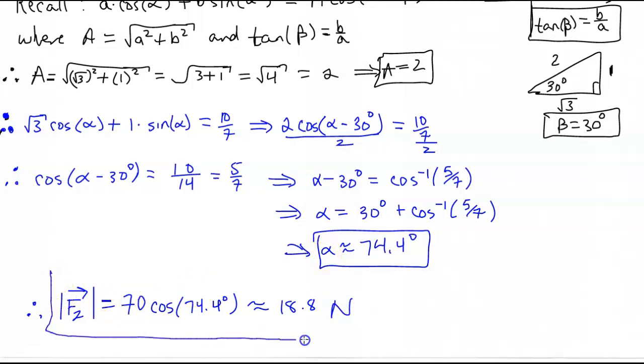So these would be our two answers there. And so this is how we would solve a problem like this. Of course, it's a basic engineering problem, especially if you're a mechanical or civil engineer, but you see how using vectors and using that concept, we are able to solve these types of problems.